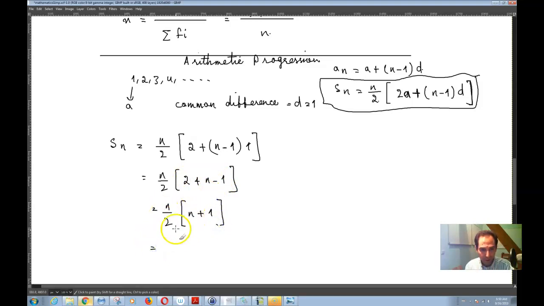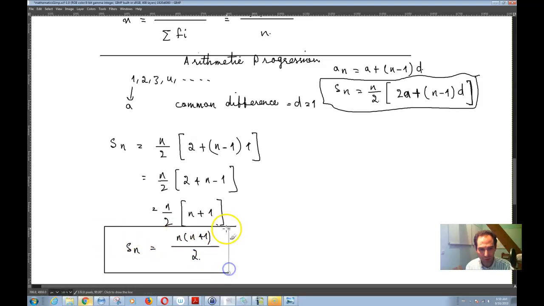That gives me n times n plus 1 divided by 2. So s of n is equal to n times n plus 1 divided by 2. That is the sum of the first n natural numbers. That's how you calculate that.